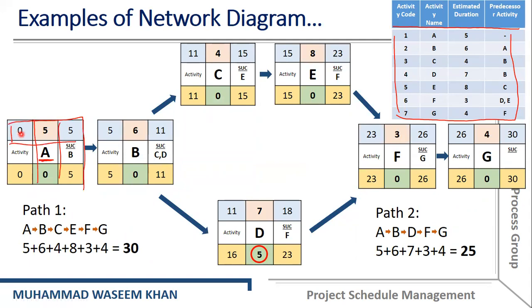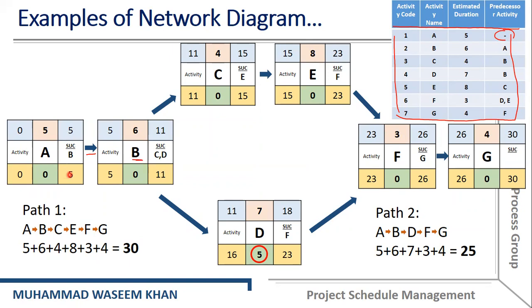So the earliest finish can be easily calculated in this project, in which the project starts with 0. The earliest finish is equal to earliest start plus duration. So earliest start is 0 plus duration is 5, which is equal to 5. So this would be the earliest finish of activity A.